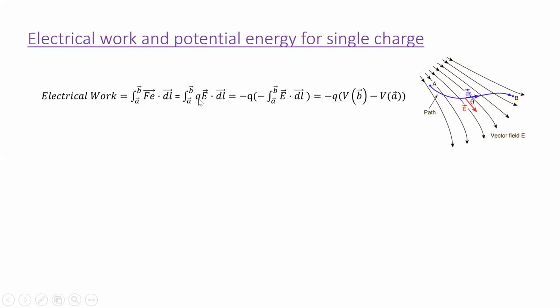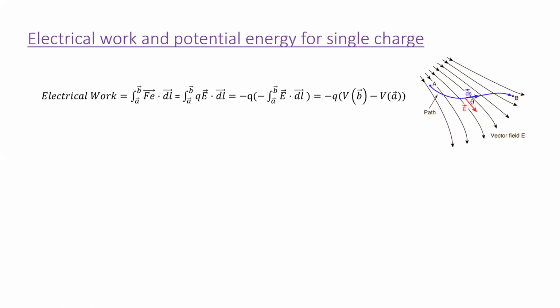So if we pull out a minus Q, we have minus Q times minus the integral from A to B of E dot dl, and this here is what we defined as the difference in electric potential between point B and point A. Okay, so our electrical work would be minus the charge Q that was following this path times the electric potential at point B minus the electric potential at point A.